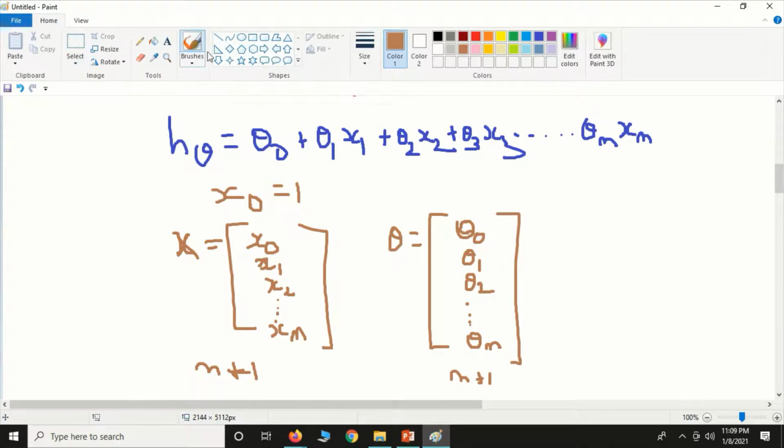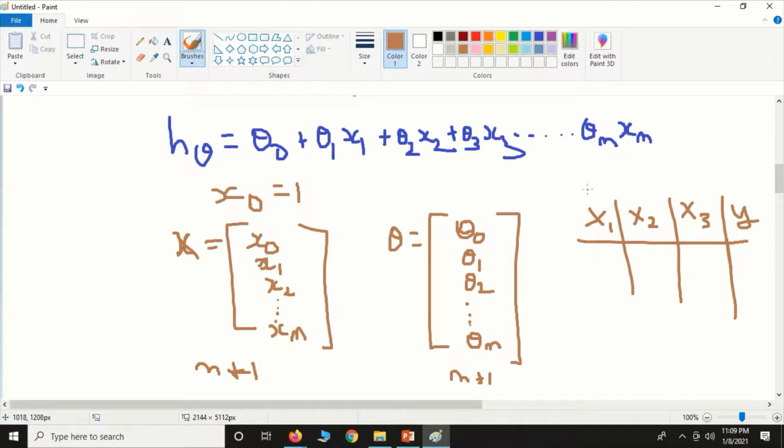Suppose we take data with 3 features: x1, x2, x3, and then y. The number of features, the independent variables, is called n.